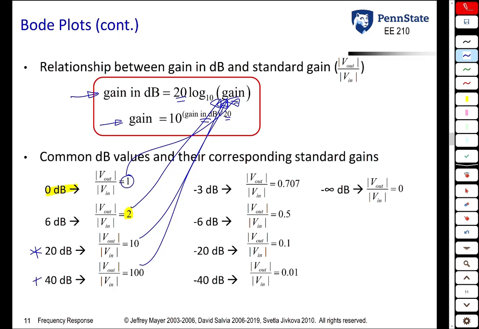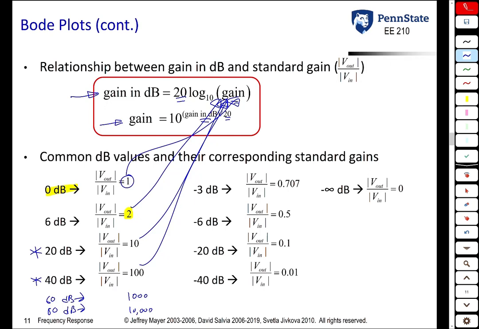We get 40 dB is the same as a gain of 100. This pattern actually repeats. So 60 dB would be a gain of 1,000. 80 dB would be a gain of 10,000.